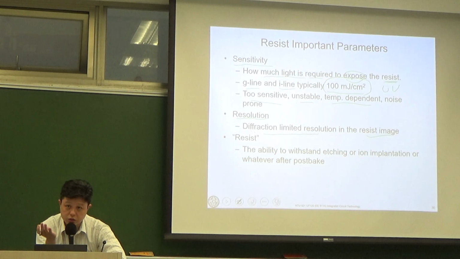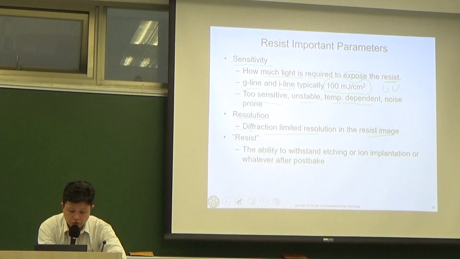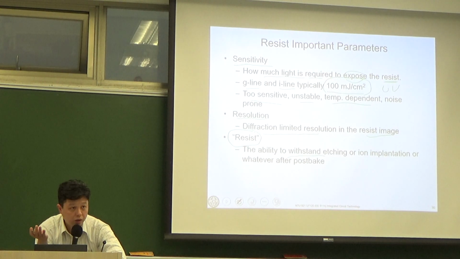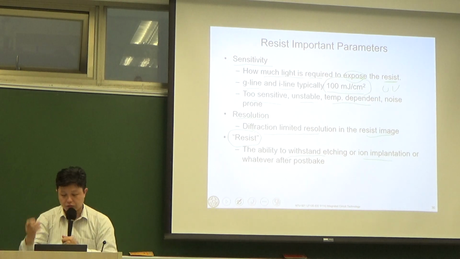Your photoresist has to provide way better resolution than that. And the third thing that we need to consider is the resist capability, which means it has to withstand or sustain the following etching process or implantation process, after post-bake. Otherwise, your resist has no function.